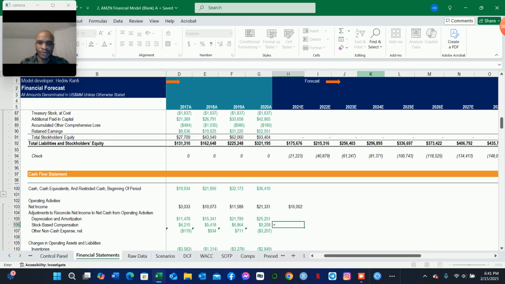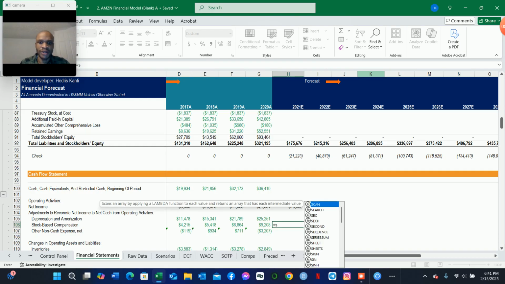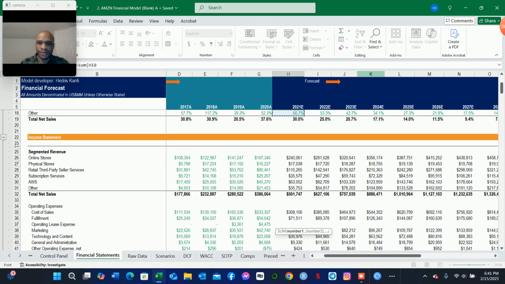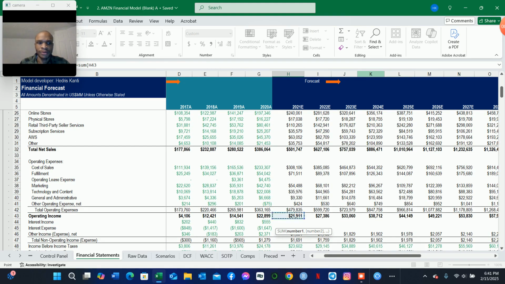we take all of the items on Amazon's operating expenses, the sum of all of the items excluding cost of sales.